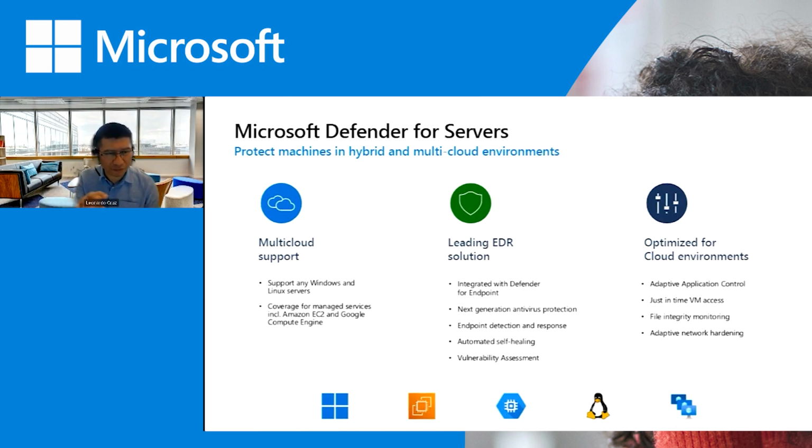As you have seen, we have many resources in the cloud, like storage, networking, compute capabilities, database capabilities. But when we talk about servers, we have a specific solution that is part of Defender for Cloud. It's the specific product that helps us to protect servers.